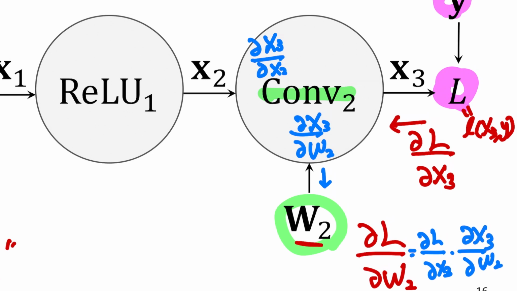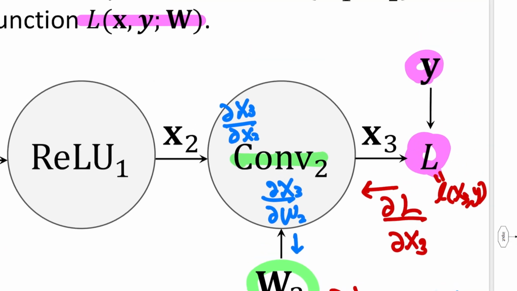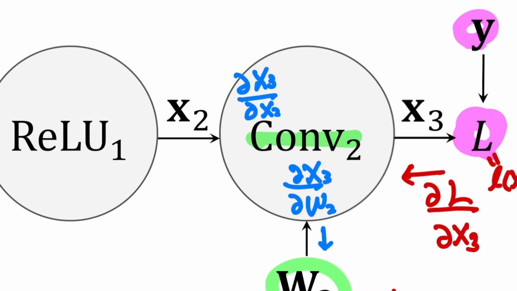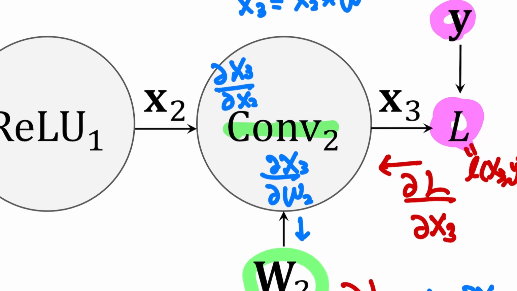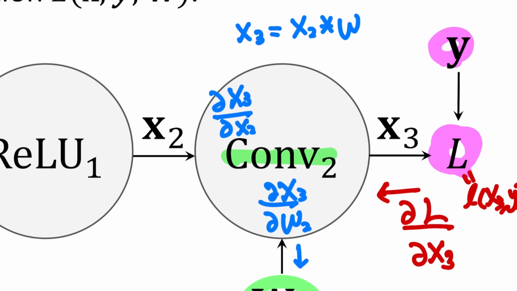So we can compute this one like this. By the way, x3 is the convolution of x2 with w2, right?